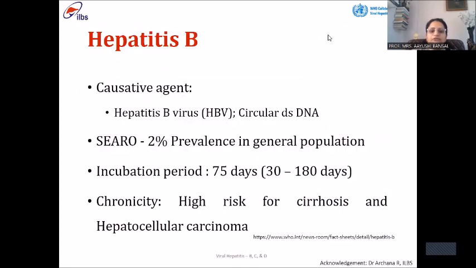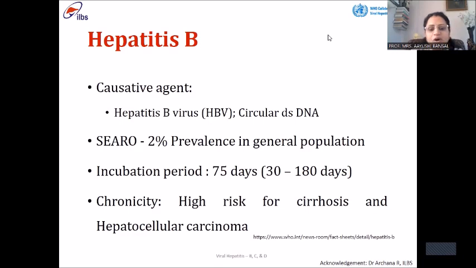So, first we'll deal with hepatitis B. Hepatitis B is one of the leading and major causes of liver disease. The causative agent is the hepatitis B virus, HBV, which is a circular double-stranded DNA virus.